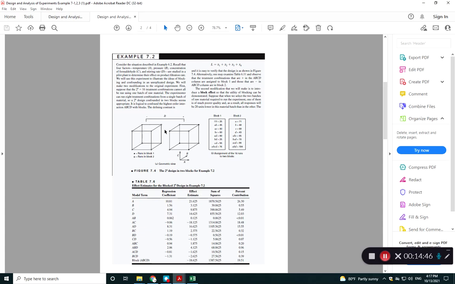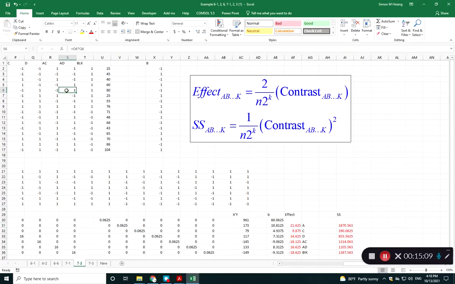But this time, since block 1 got half of it, and block 2 got half of it, the contrast, the difference between block 1 and block 2, okay, is the same thing as the ABCD, because we use ABCD to separate the 2 blocks, okay?